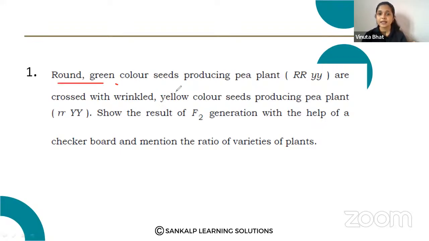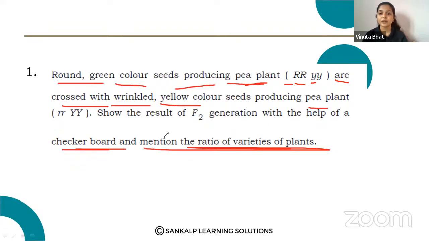Round green color seeds producing pea plant, capital R, small y, are crossed with wrinkled yellow color seeds producing pea plant, that is small r, capital Y. Show the result in the F2 generation with the help of a checkerboard and mention the ratio of the varieties.